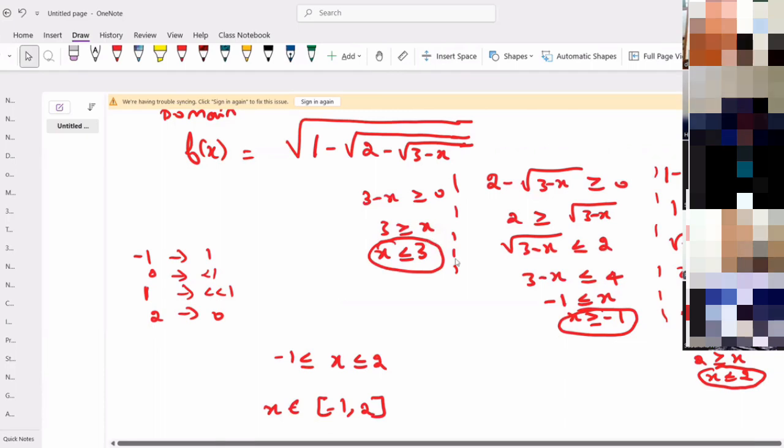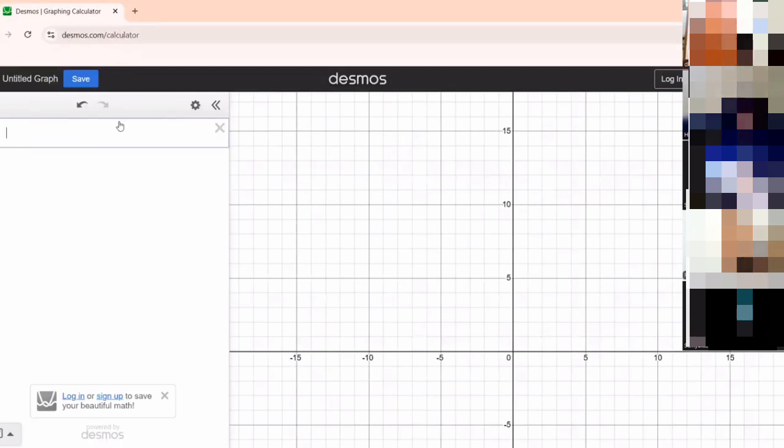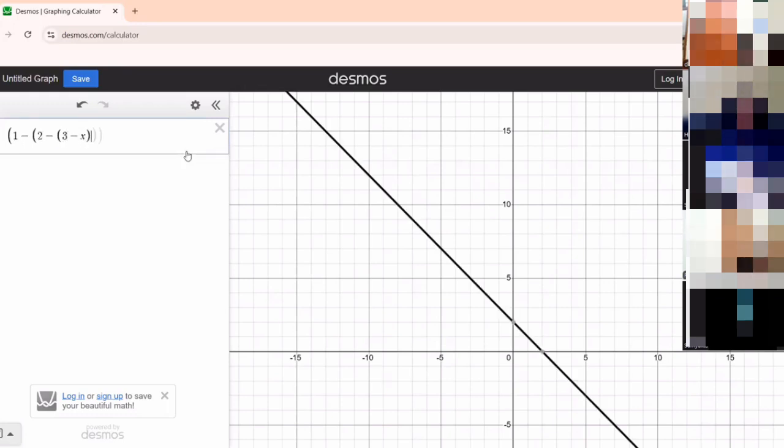Done writing? Shall I show that in the graph as well? Yes, sir. Danya, you seem to be writing. This is the square root, no? So 1 minus, 2 minus, 3 minus x.